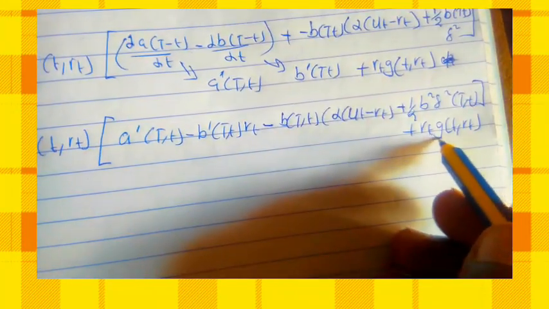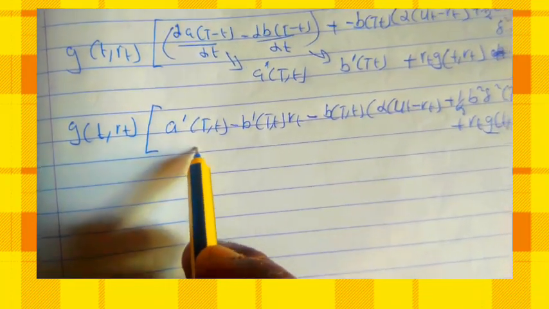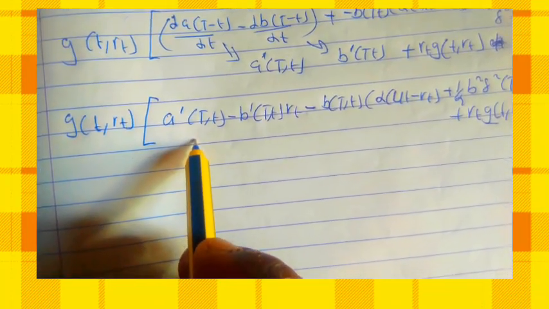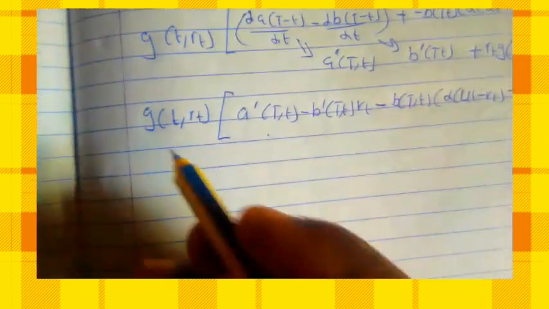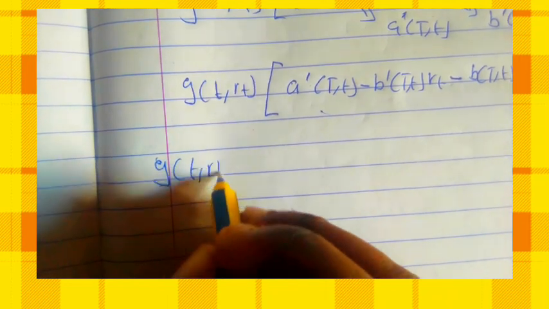Because this one has r_t, we can put it inside here, so that we can get g(t, r_t).